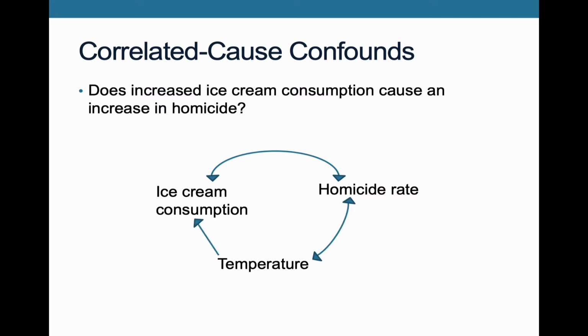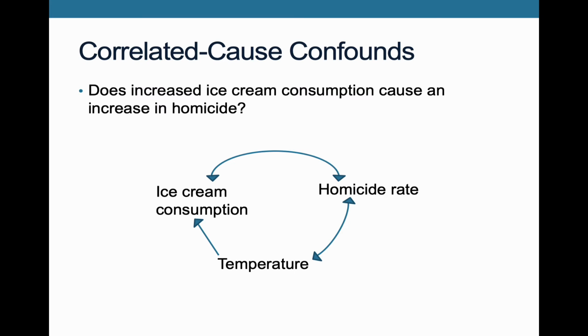So let's think about what a confound would be here. One thing we see is temperature. As the temperature increases in the warm summer months, that leads people to have more ice cream. And that increase in temperature is correlated with homicide rate, but it's not that hot temperatures are causing people to kill one another.